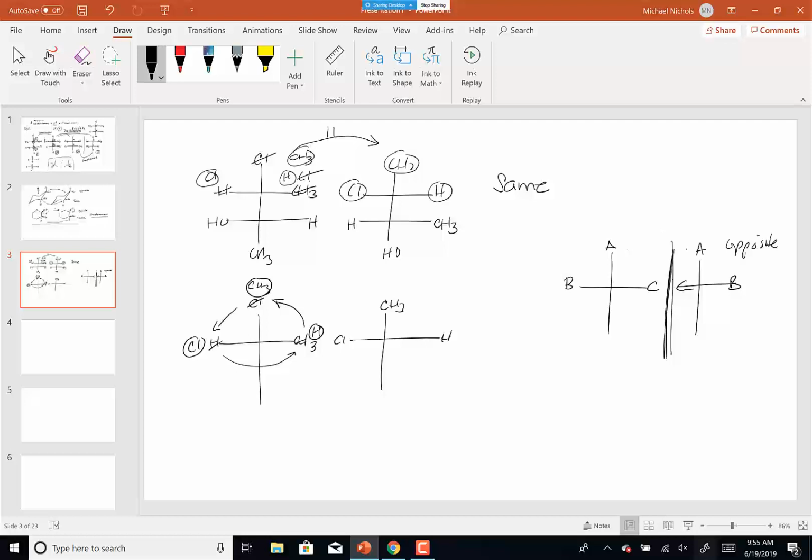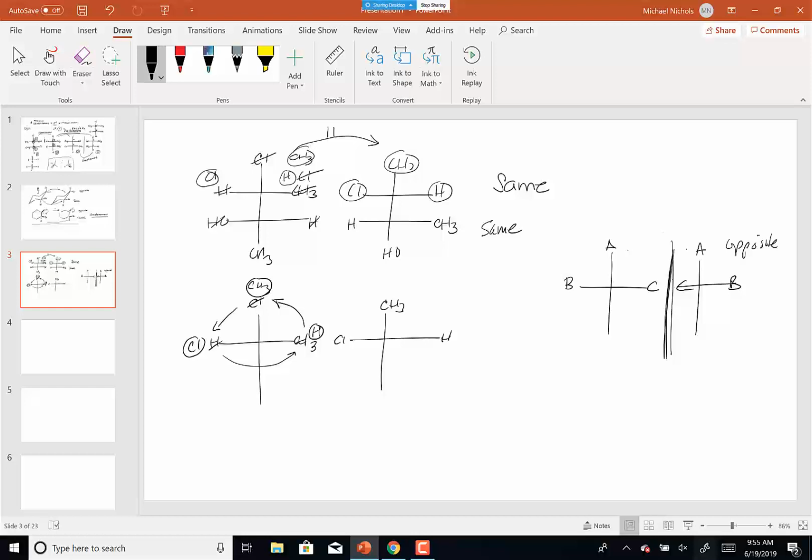So for the bottom carbon then, it also has the same configuration. How do I know that? Again, I can switch. How many switches did it take me? In this case, it would take me to switch H and OH, and that would line up the H, and then I'd have to switch the OH and the CH3, so it would take two switches.